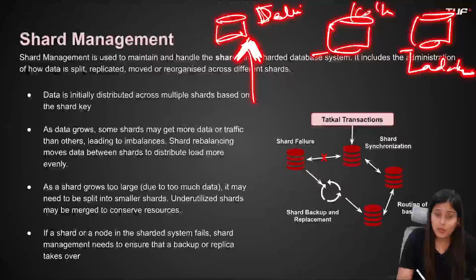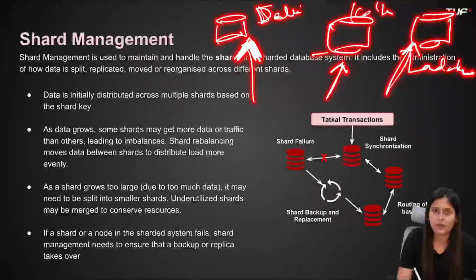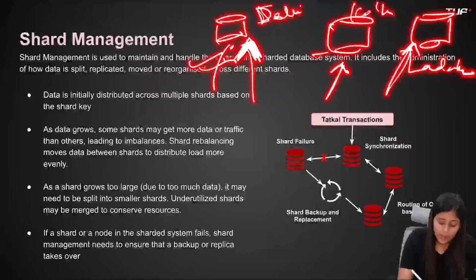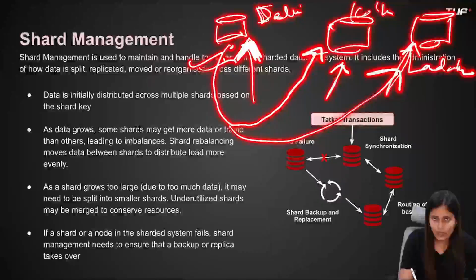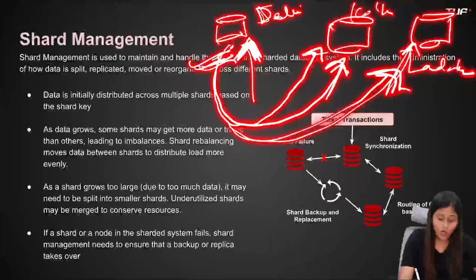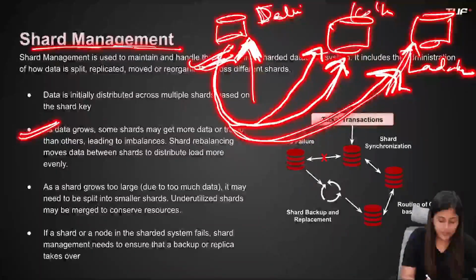So it will be bulkier, and in the case of Ladakh or Kolkata we don't have many bookings, so Delhi will be overloaded. So what you will do is route some of the data from Delhi to Kolkata or Ladakh, which are less bulky, to maintain it. All this replication of data to other servers is the responsibility of the shard management team.